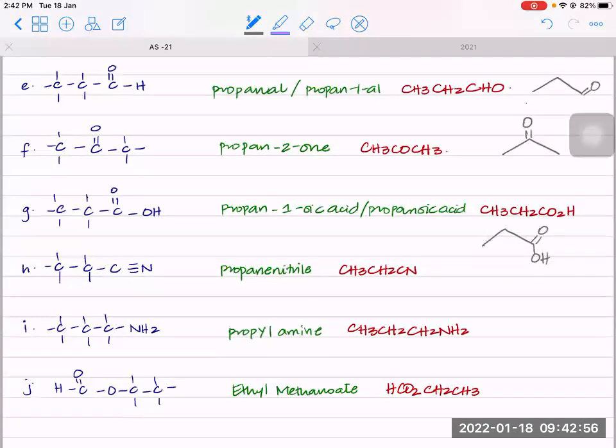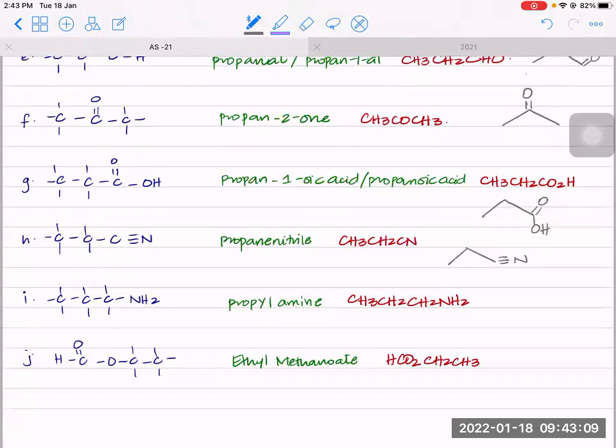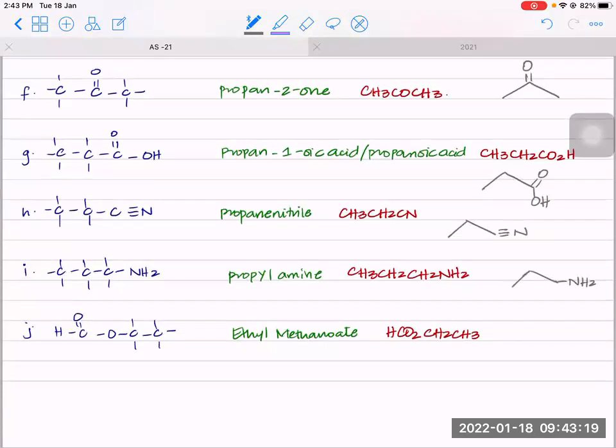H would be 1, 2, and 3. 3 carbons, and right here you have a triple bond N. You just show the triple bond N like this. Don't show the carbon. Then here you have 3 carbons, and on this you have NH2. So this becomes NH2.